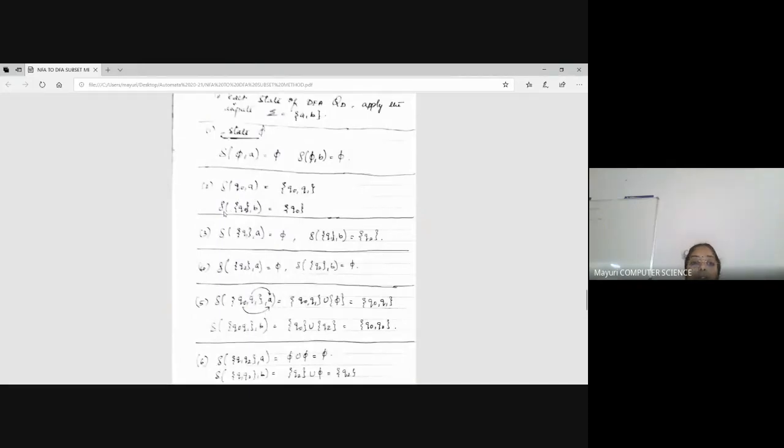Write it down. Next, for Q0, if I give B, do I need to scroll up again and tell you every time? Just see the figure or the transition table of the NFA to write it. For Q0, if I give B, it is going to Q0 only, the self state.